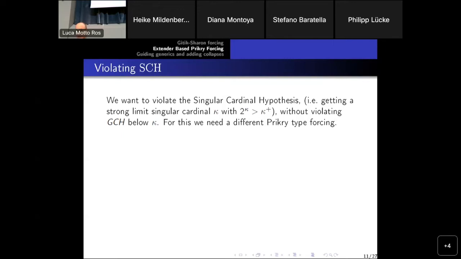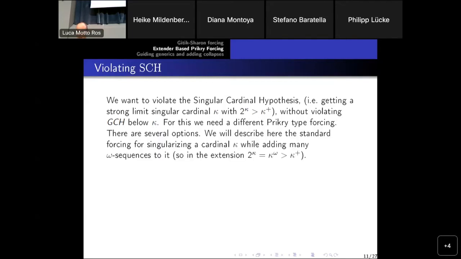We want to get a singular strong limit cardinal kappa such that 2 to the kappa is strictly larger than kappa plus 1, but we don't want any cardinal below it to violate GCH. So we don't want to do some preparation enlarging the continuum at many cardinals below a measurable cardinal. We don't want that. We want the least failure of GCH to be at a strong singular cardinal.